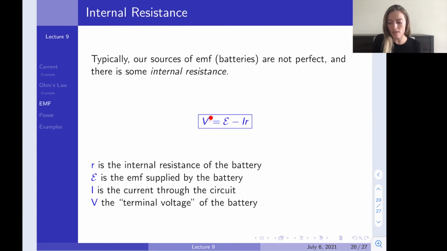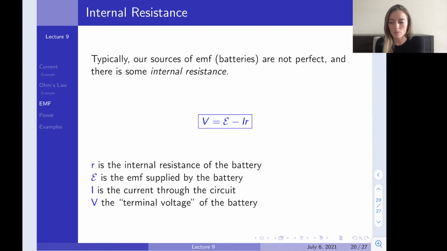So the potential difference across the two ends of a battery is equal to the EMF supplied by that battery, which will be in volts, and then you subtract the potential difference lost to that internal resistance. So that's minus the current times the small internal resistance of your battery.